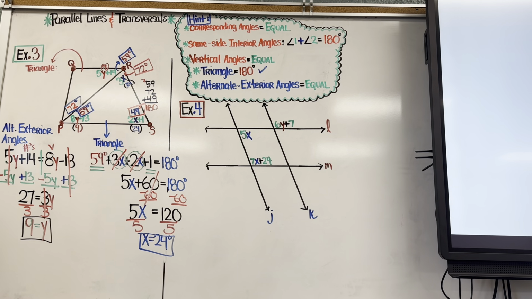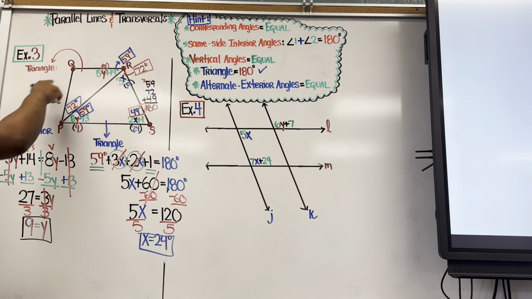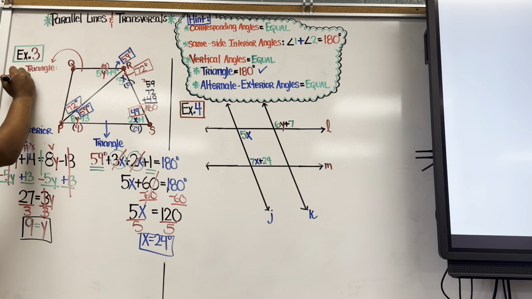And then of course, guys, what I can do is I can add 72 to 59, right? And then I can subtract it from 180 to find out this angle, okay? So let's go ahead and do that. So 72 plus 59 equals, that's 11, bring that up, that's 13, right? So that's 131 degrees, right?